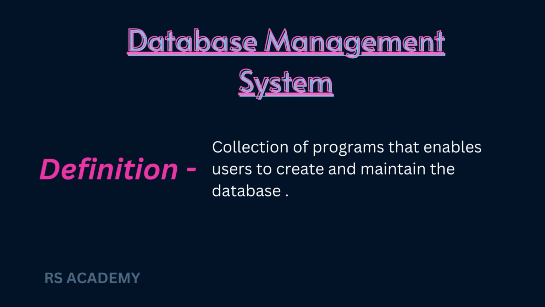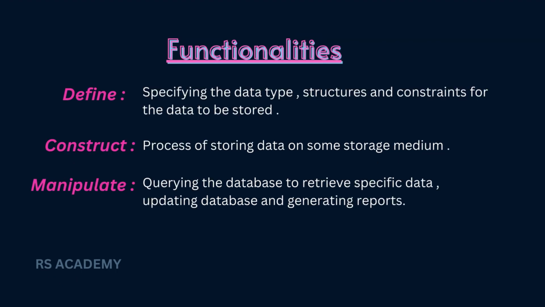Now let's move on to the functionalities of database management system. Database management system allows users to define the database, to construct the database, manipulate the database and share the database. Now defining the database involves specifying the data types for the data that we are going to store in the database, and also specifying the structures and constraints for the data.